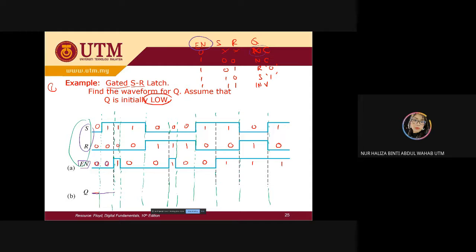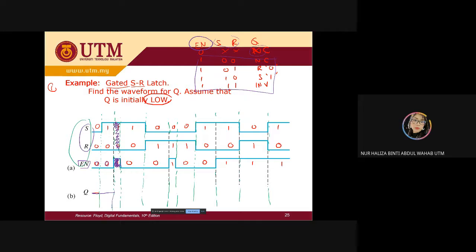Then I meet another EN, but now my EN is 1. So if my EN is 1, I'm going to consider my input of SR. So I need to look at this side only.